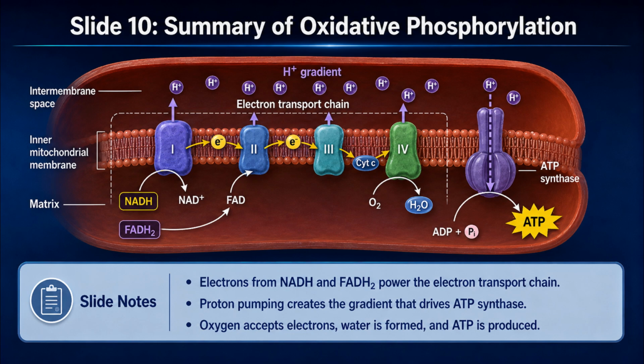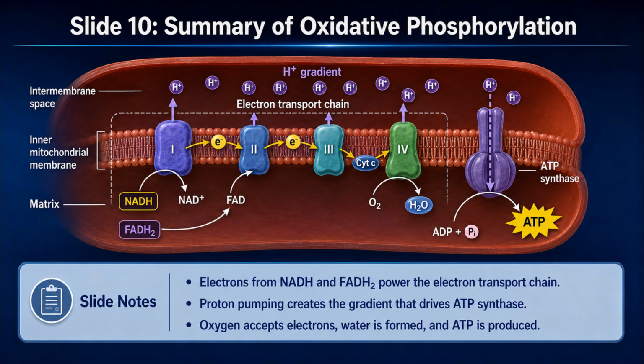In summary, oxidative phosphorylation begins when NADH and FADH₂ donate high-energy electrons to the electron transport chain. The movement of electrons through the chain releases energy. This energy pumps protons into the intermembrane space and creates a proton gradient. The protons then flow back into the mitochondrial matrix through ATP synthase.